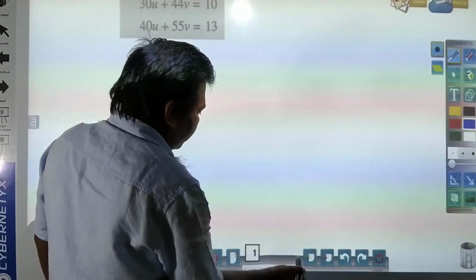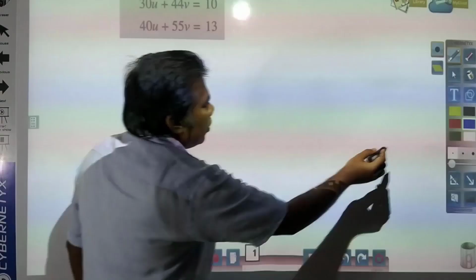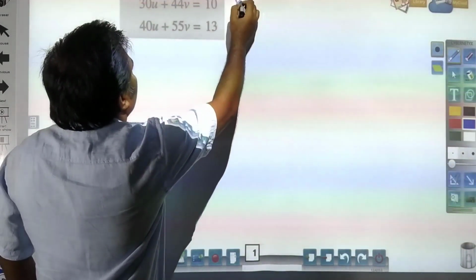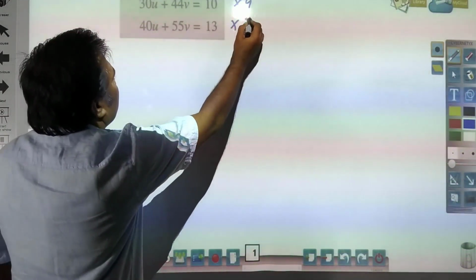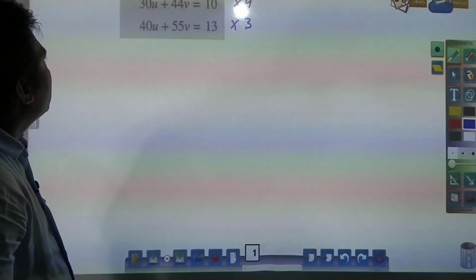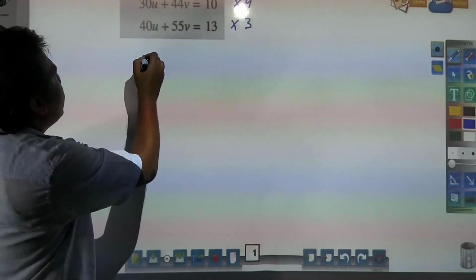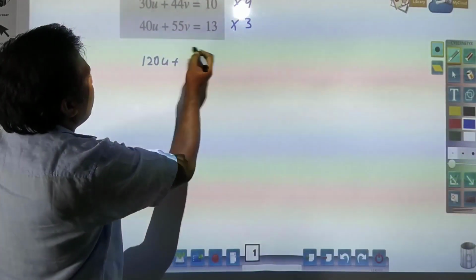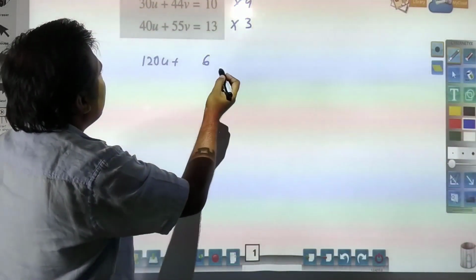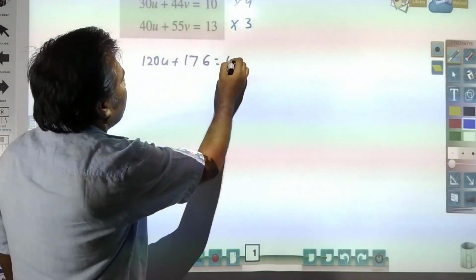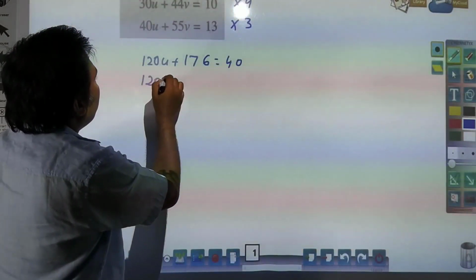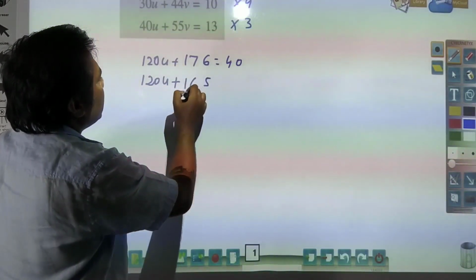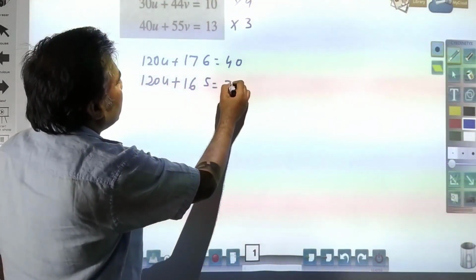Just you see, this will be multiplied by 4 and this you multiply by 3. Then you will get 4 3 is 12, 120u plus 4 4 is 16, 176v is equal to 40, and this will be 120u plus 3 5 is 15, 165v is equal to 13 3 is 39.